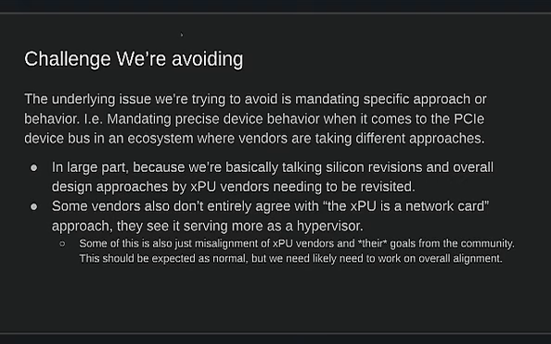Again, we have the same thing in CPUs today. CPUs have very much the same thing, and we have competition in the CPU space because the standards allow for a variety of architectures, but basically say, here are the behaviors for each of those architectures in a pretty clean way.